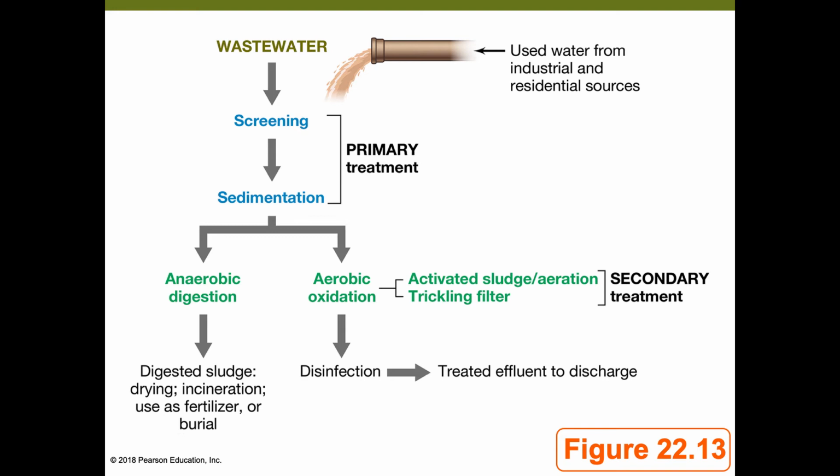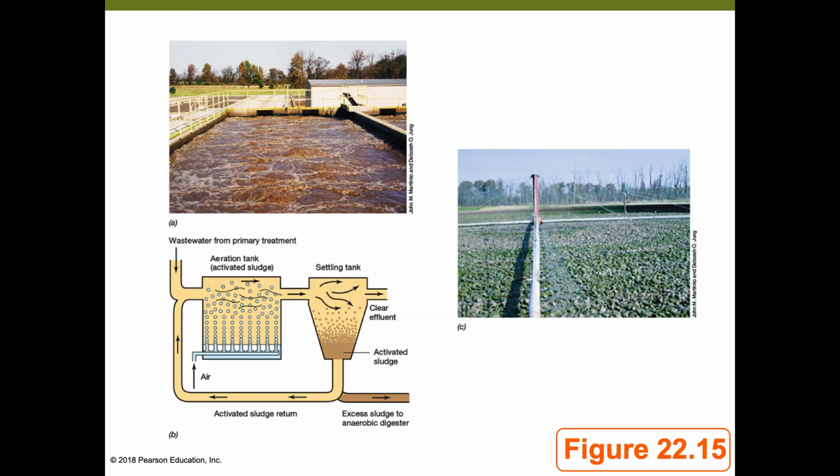Okay. You also can have aerobic oxidation. This serves more as a disinfection. It can help remove any potentially contaminating organisms. And then you have activated sludge and aeration. So you have this like trickling type filter, which we'll see on the next slide. And that water can then go to secondary treatment. Okay, so you have these ponds.